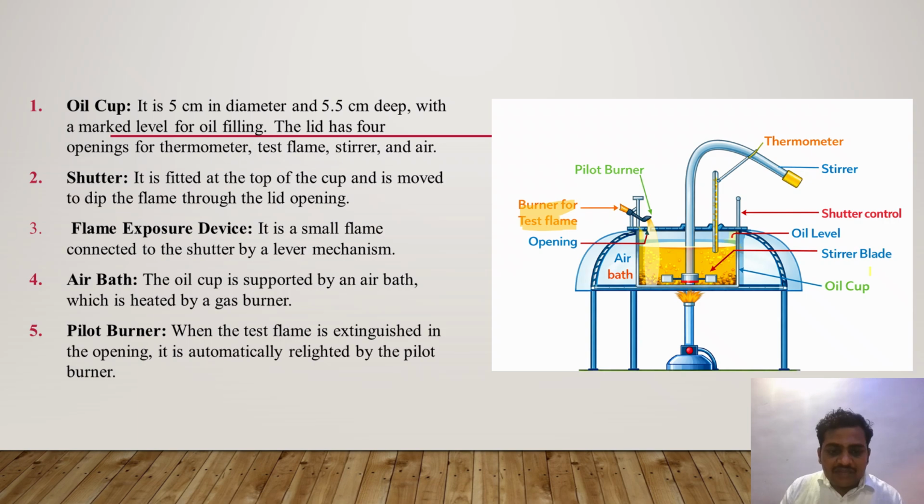When that flame is extinguished, it is ignited with the help of the pilot burner, which will automatically relight the exhausted test burner. With the help of the lever mechanism, we are always inserting this test burner into the oil to check the flash point and fire point.